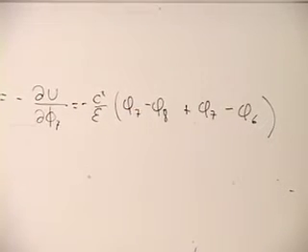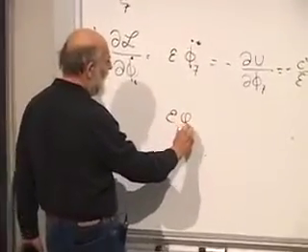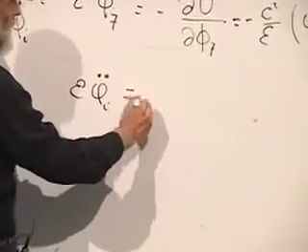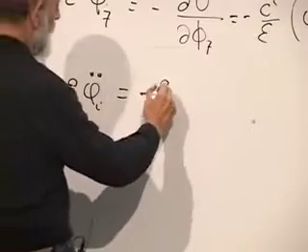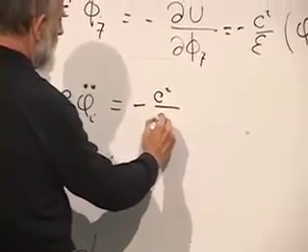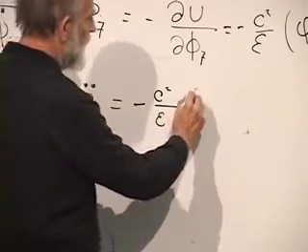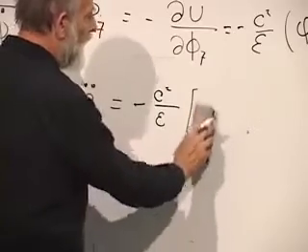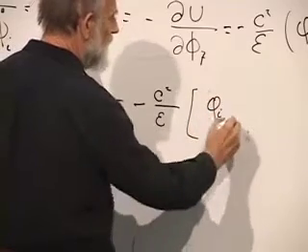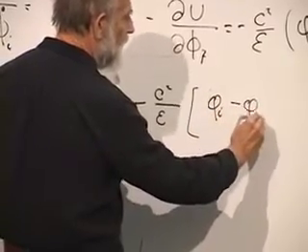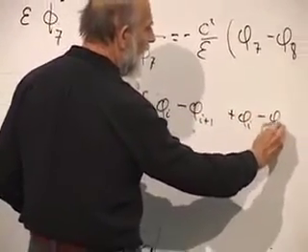All right, let's see if we can see what the pattern is. Let me write the general pattern. The general pattern now is epsilon phi I double dot is equal, it looks like minus, I think I got the minus right, c squared over epsilon, twice phi I, well, let's write phi I minus phi I plus 1 plus phi I minus phi I minus 1.